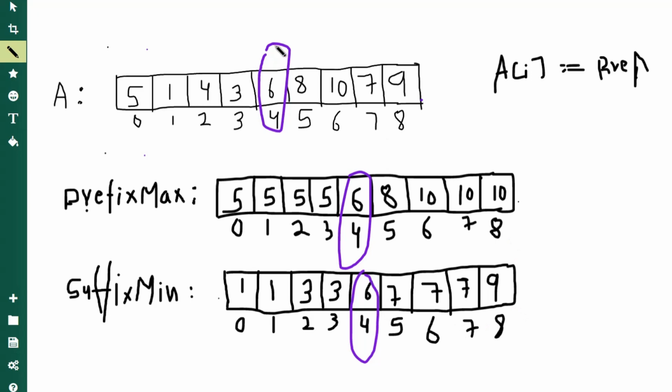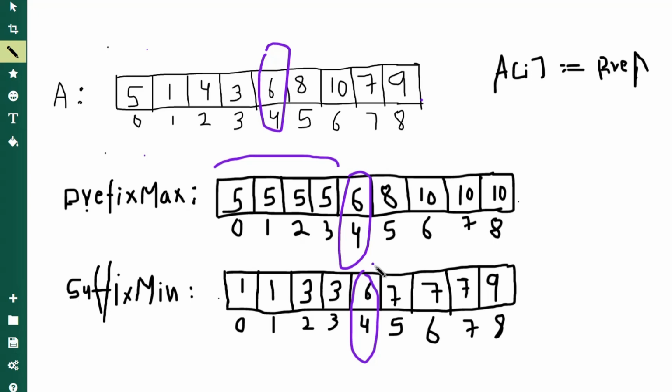That simply means that the elements to the left of it must be smaller than this element if there is no duplicate of 6 which exists before it.